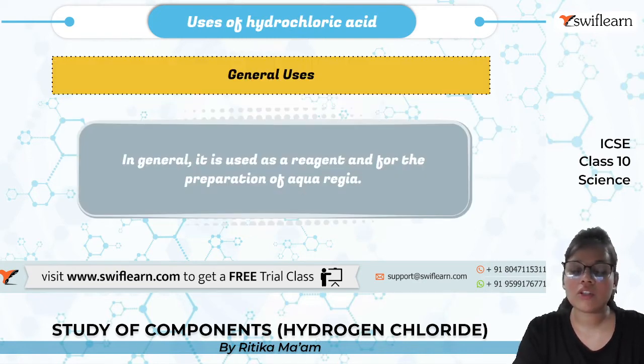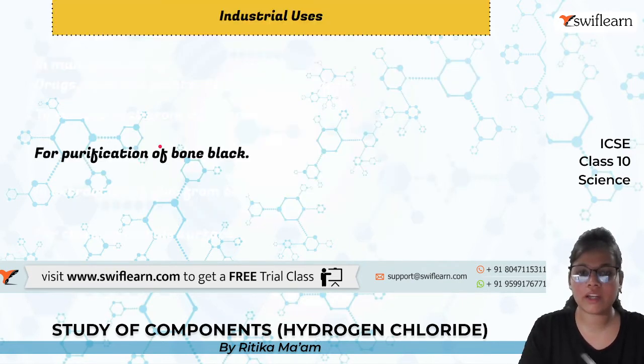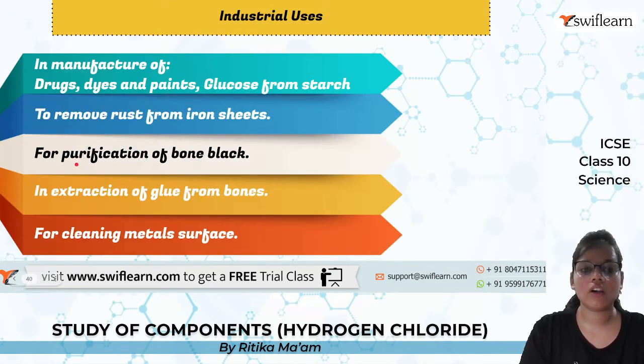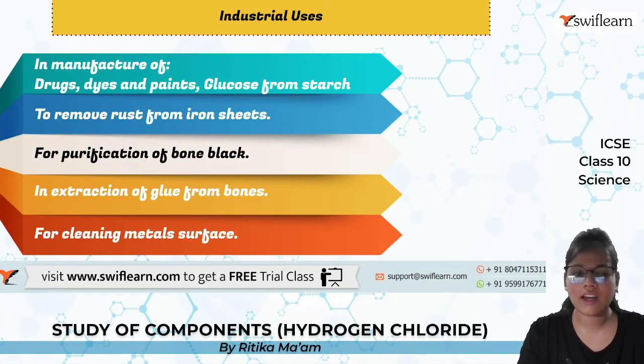Now talking about the uses of hydrochloric acid, first of all, it is used as a reagent for preparation of aqua regia. Then it is used in the manufacturing of drugs, dyes, paints, and glucose also. It is used to remove rust which occurs on iron sheets. It is used for purification of bone black and also to extract glue from bones.